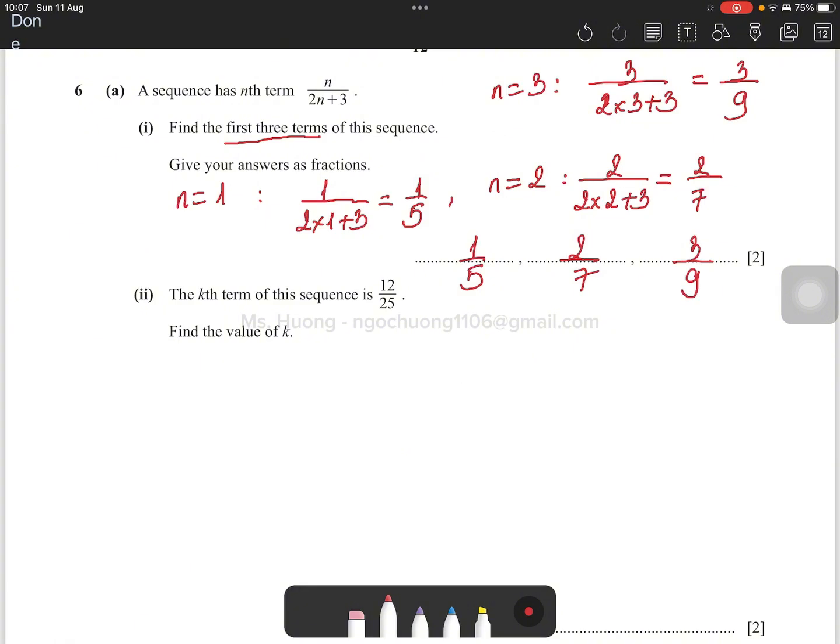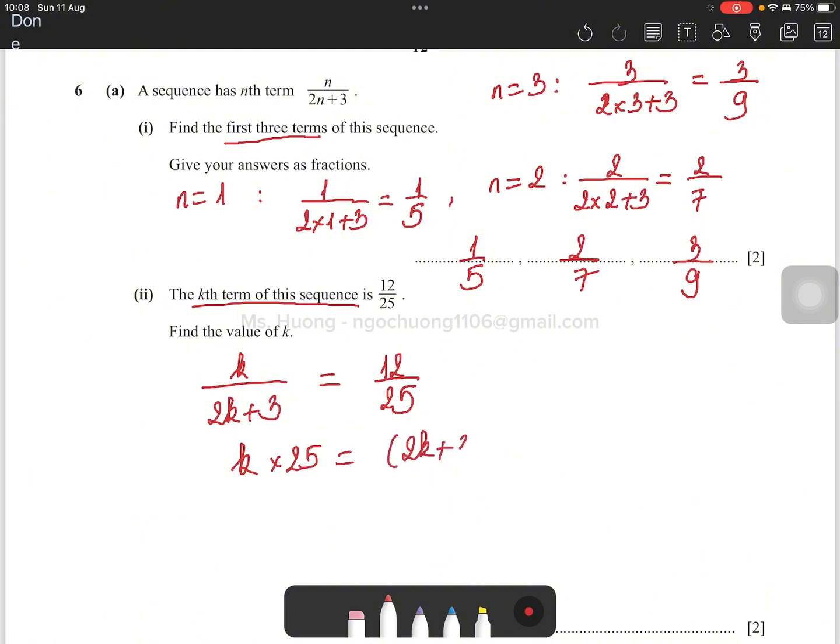Second question, the kth term of this sequence is 12 over 25. So the kth term means k over 2k plus 3. And this is equal to 12 over 25. Now we cross multiply. K multiplied by 25 is equal to 2k plus 3 multiplied by 12.